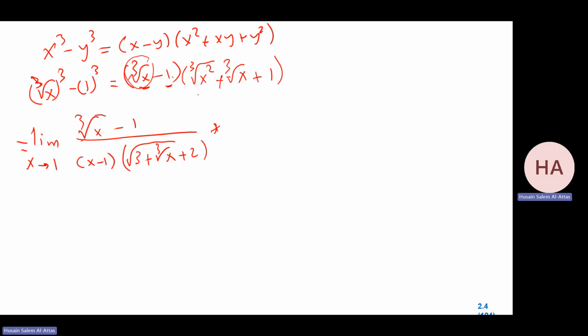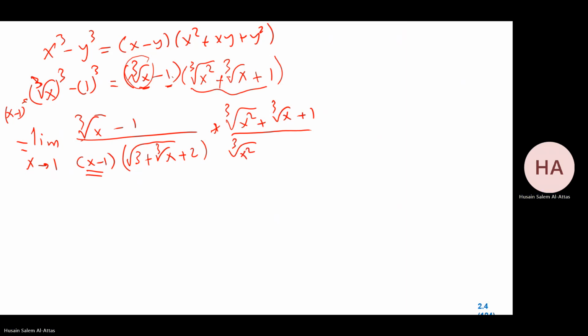So I need to multiply it by this expression to make it x minus 1. Because if you notice, this is x minus 1. This is what I want, to kill it with this one. So multiply by this expression. Just need to know how to rationalize a cubic root.